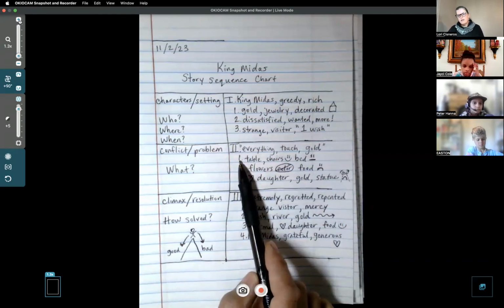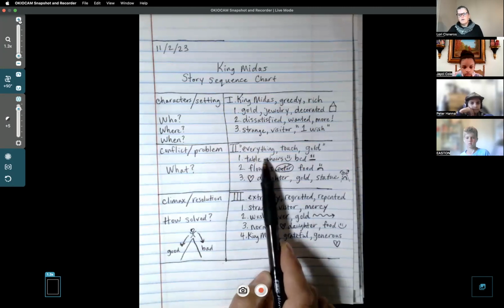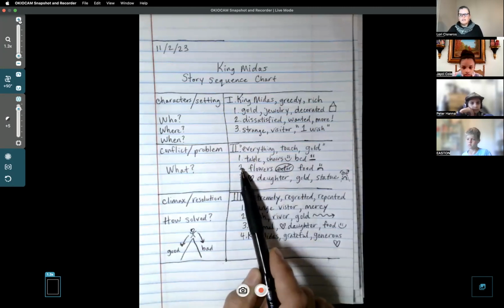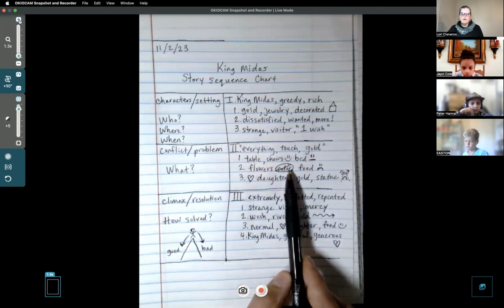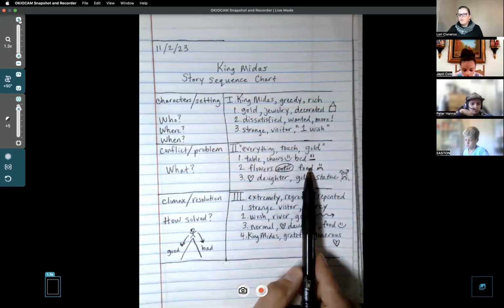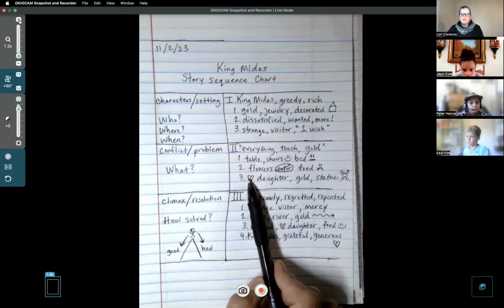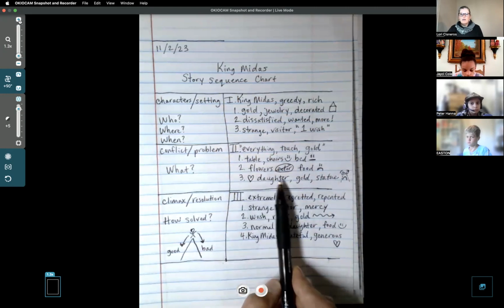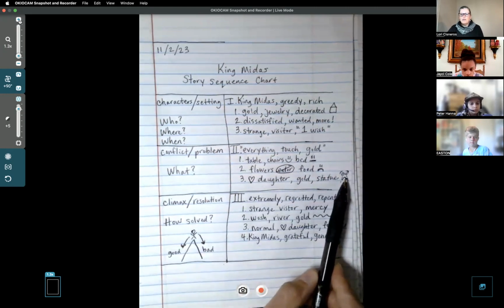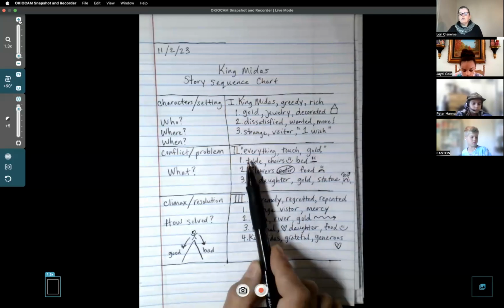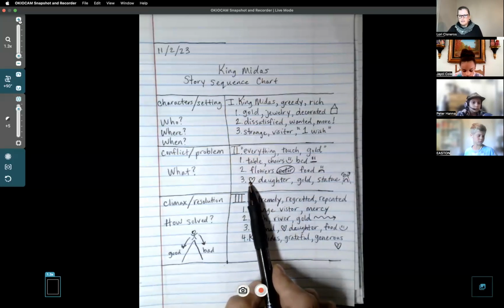And then the next one here, that's the next sentence. Table, chairs, bed. The next sentence will say something about the flowers lost their color and food didn't taste good anymore. And then his beloved daughter turned into a gold statue and he was sad about that. So you're going to use each of these for a sentence.